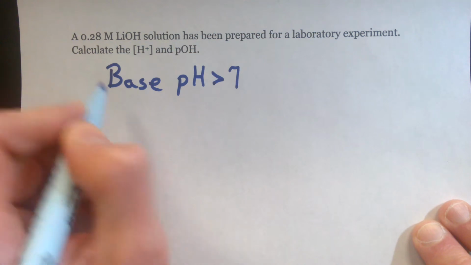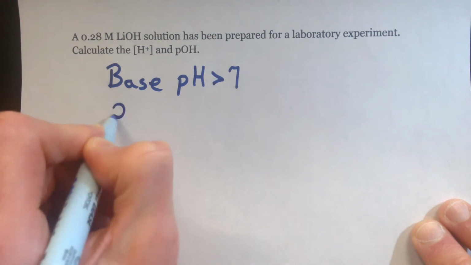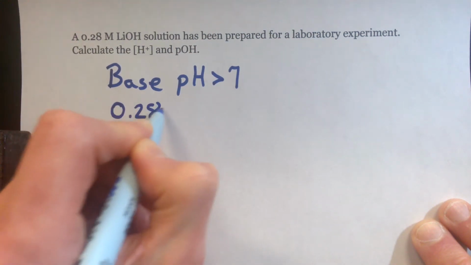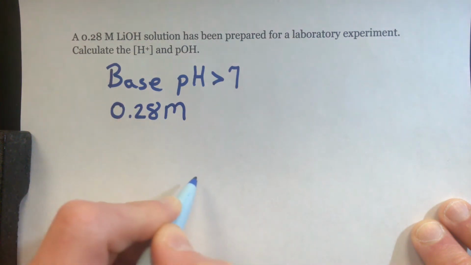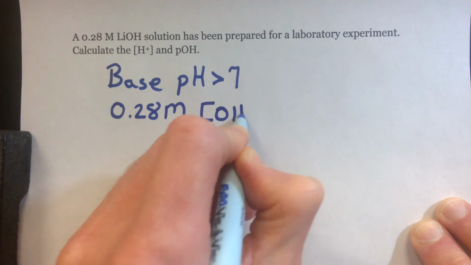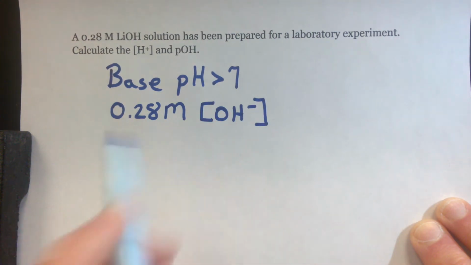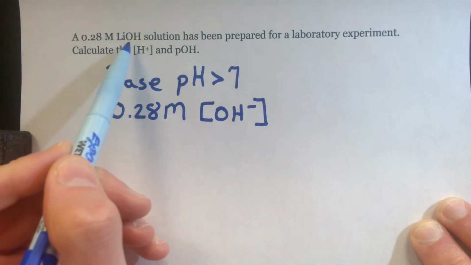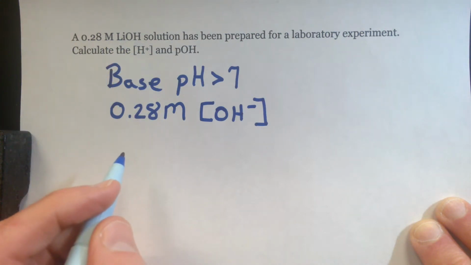And we know that the molarity shown here, 0.28 molar, is going to be representative of the hydroxide ion concentration, because this is a base that will produce the hydroxide ion when it dissociates into water.